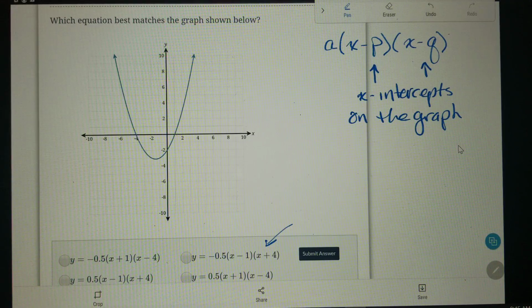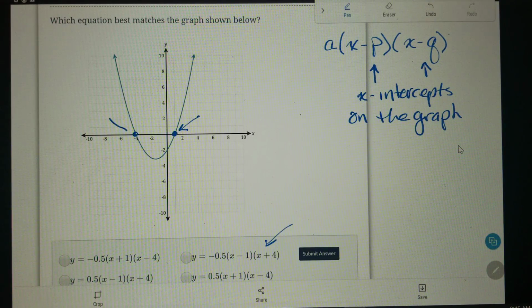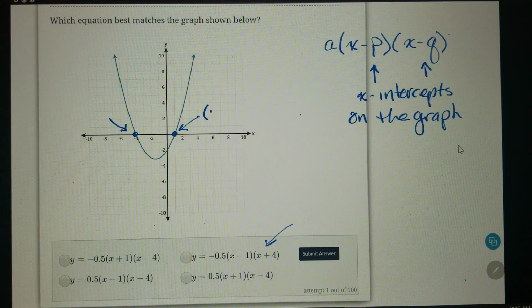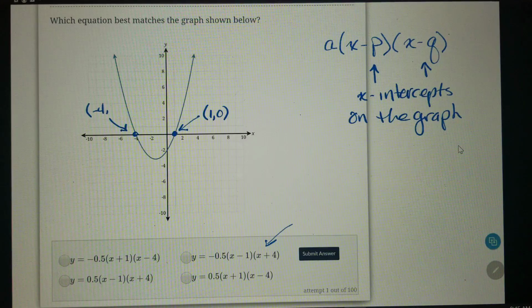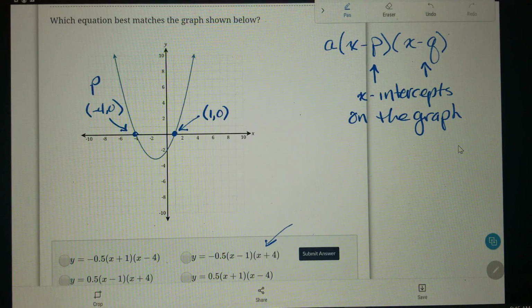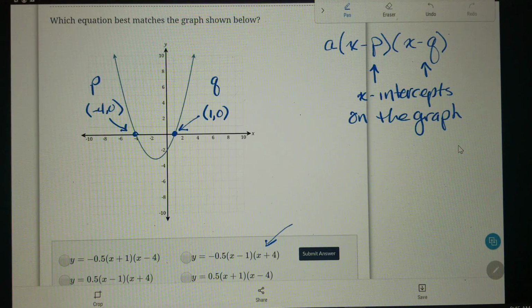So here we see two x-intercepts on the graph. One intercept is at (1, 0), and the other one is at (-4, 0). So I'm going to make this one the P and this one the Q. It doesn't matter which one you put in which position.